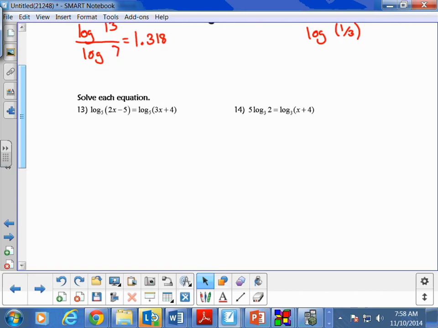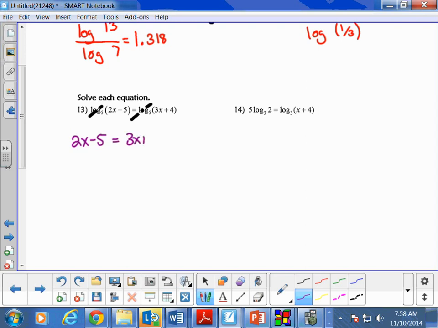With these, it's important that you know how to solve logarithms. We had that in one assignment, but you have to realize that if you ever have 2 logarithms that have the same base, you can just cancel them out and set whatever's left over equal. So in this case, I'll have 2x minus 5 is equal to 3x plus 4.